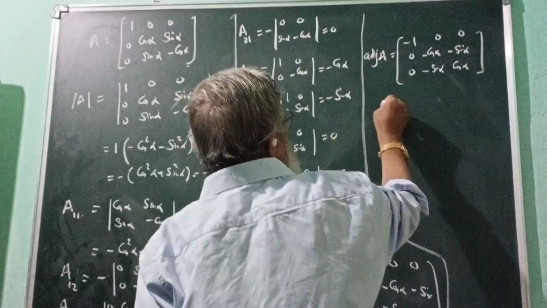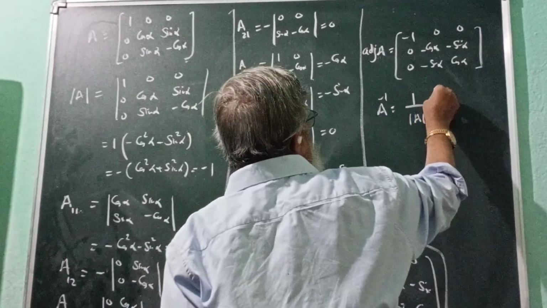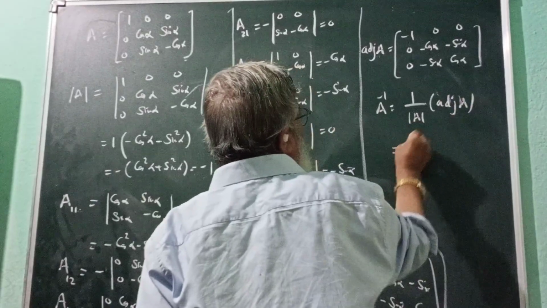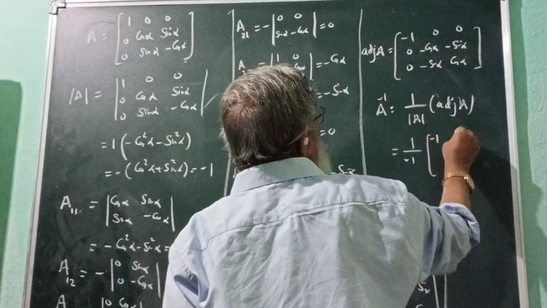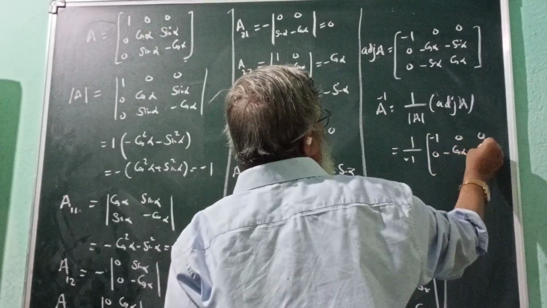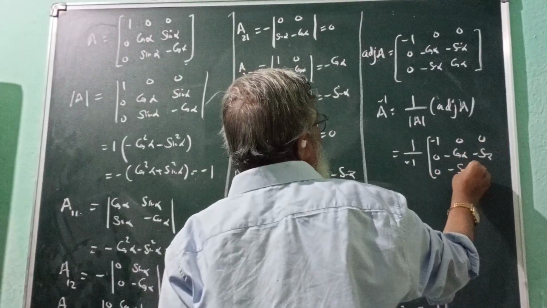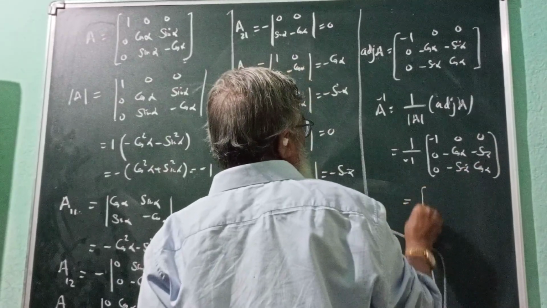Now we have the formula A inverse is equal to 1 by the determinant of A into adjoint of A. The determinant of A is given by minus 1. The adjoint here is 0, 0, 0; minus cos alpha, minus sin alpha; 0, minus sin alpha, cos alpha, multiplied by the minus sign.